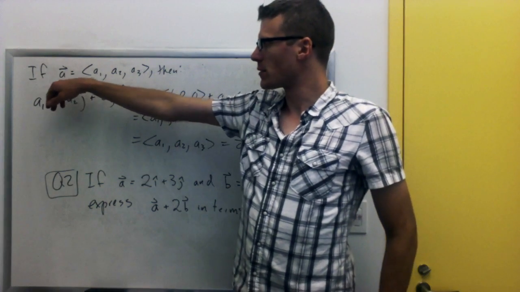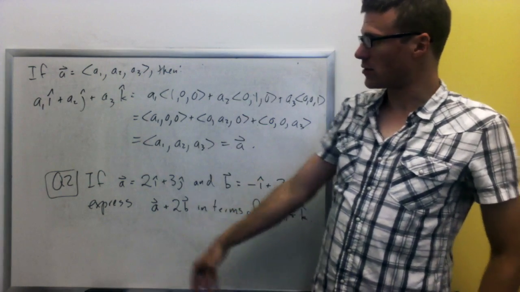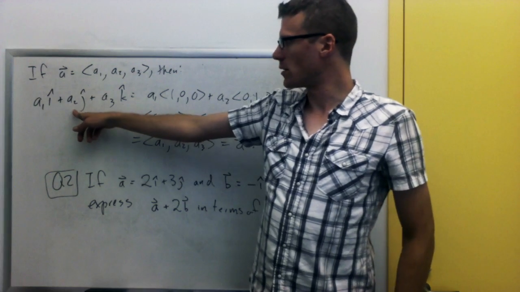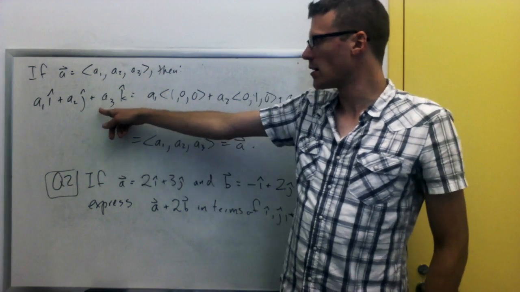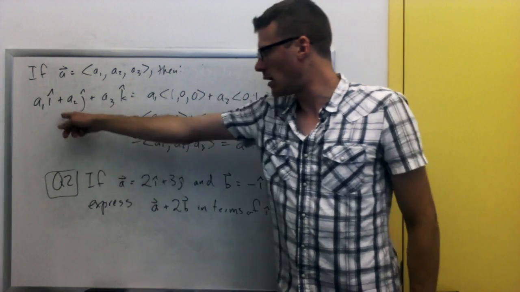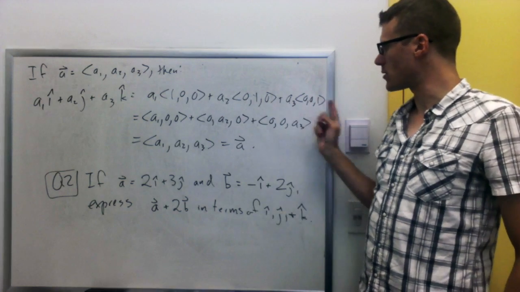If a is the vector with components a1, a2, a3, then let's consider the following vector. The scalar a1 times i plus a2 times j plus a3 times k. What is this equal to? Well, i is 1, 0, 0, j is 0, 1, 0, k is 0, 0, 1.